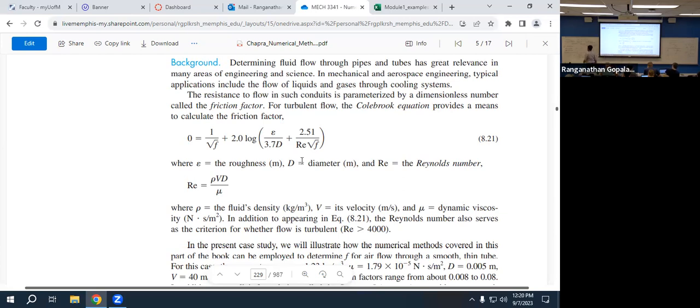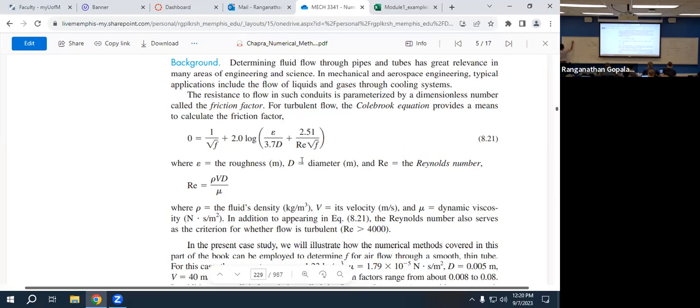So I can abstract this equation down to write something like this. Because I know the epsilon, the diameter, the Reynolds number, all known numbers, or they can be calculated.